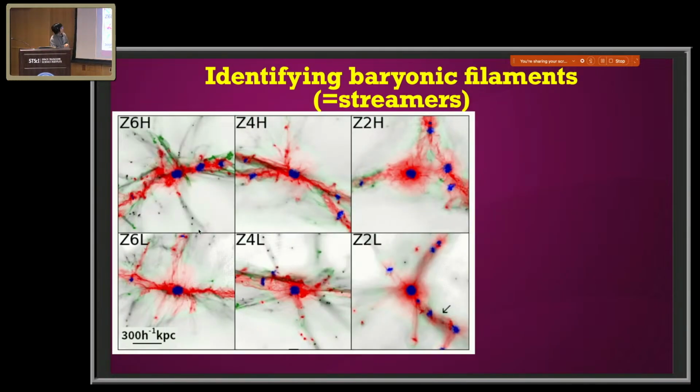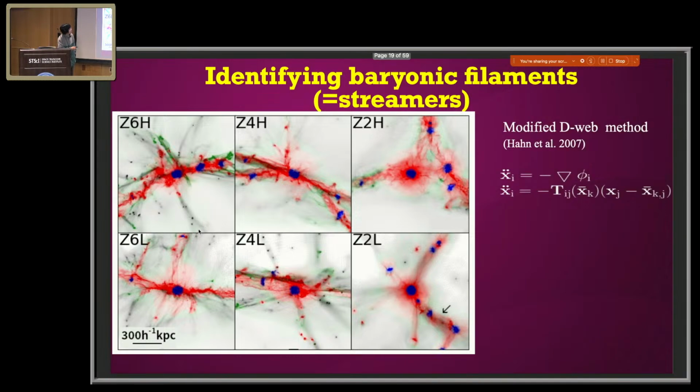So with all these settings, after we finish these simulations, we get the final products, and we want to identify the baryonic filaments. We use the method called D-wave. This is a method widely used on dark matter, but we apply it to the baryons.